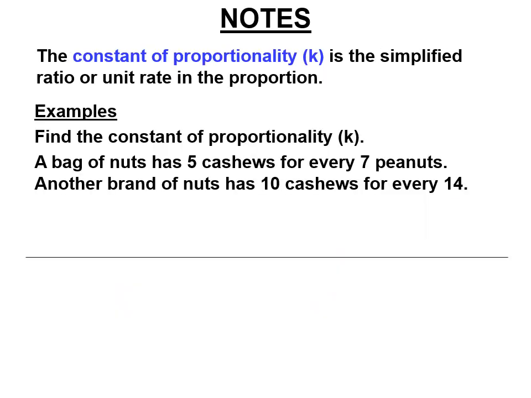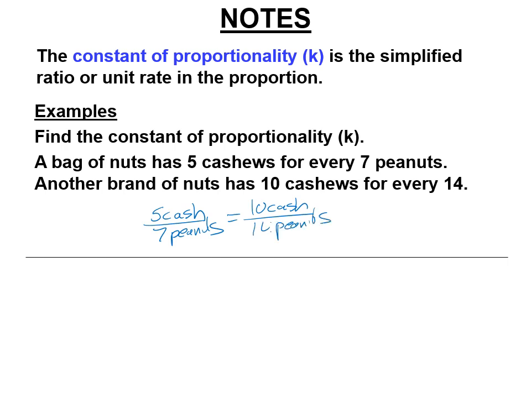All right, the constant of proportionality is the unit rate. Now we use the letter K for the constant of proportionality, just traditional. So we're going to see that here. A bag of nuts has 5 cashews for 7 peanuts. Another brand of nuts has 10 cashews for every 14 peanuts.